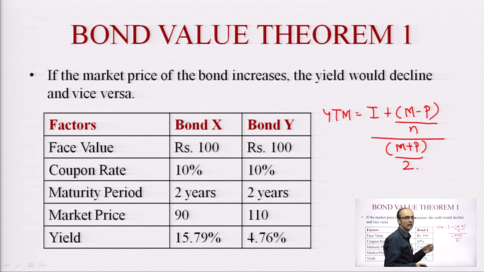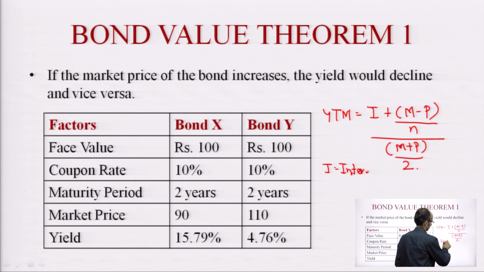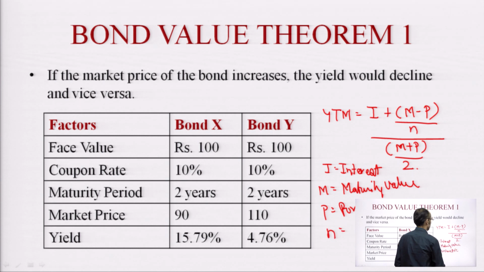Now, we have several variables in this formula to calculate the yield. What are these variables? I stands for interest, M stands for maturity value, P stands for purchase price, N here means number of years till maturity, or we can simply say the maturity period.